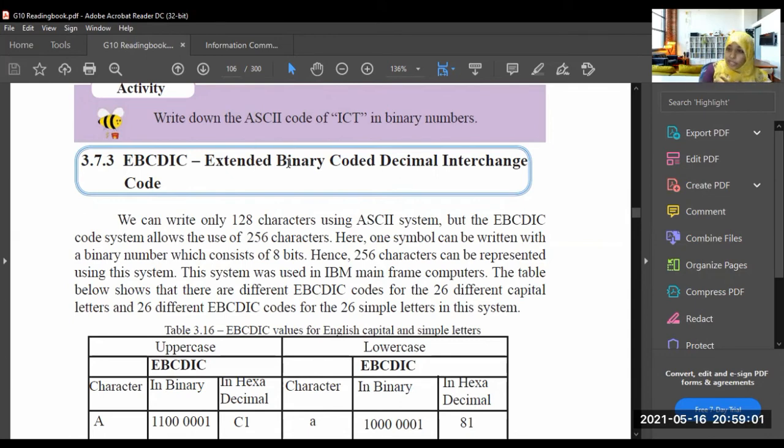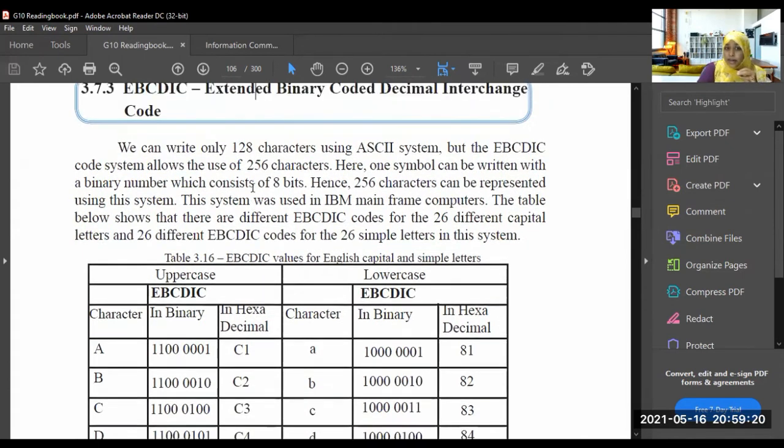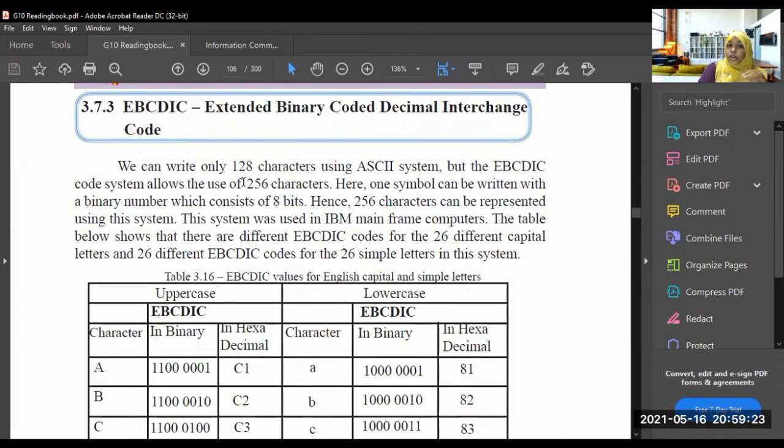Now these 128 characters are also not enough. For that, they extended the binary coded decimal coding system and called it the extended binary coded decimal interchange code. Here we can write only 128 characters using the ASCII system, but the EBCDIC code system allows the use of 256 characters.